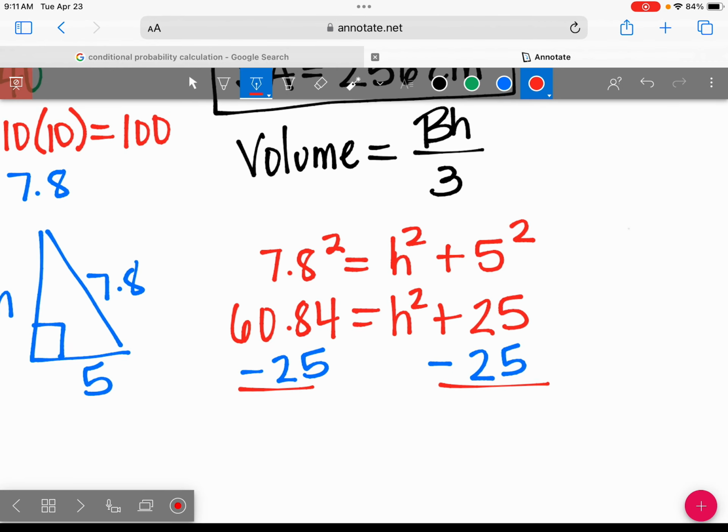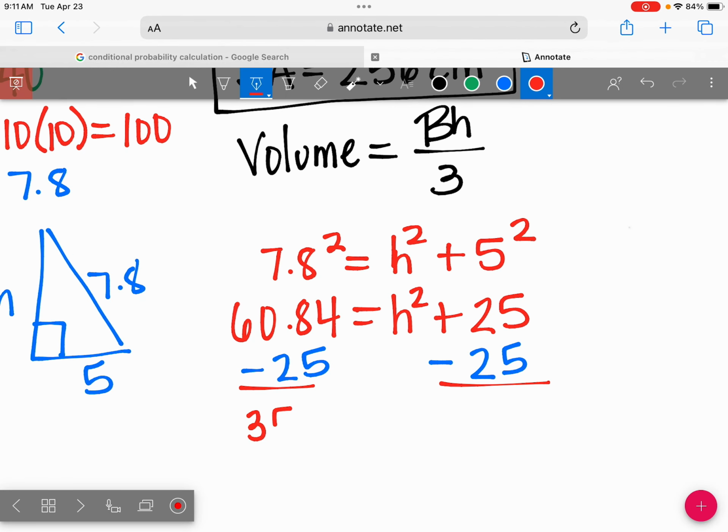And that would be 35.84 equals h squared. And now take the square root of that number. And you should get, I'm going to round that up to 6. So 6 is your height.